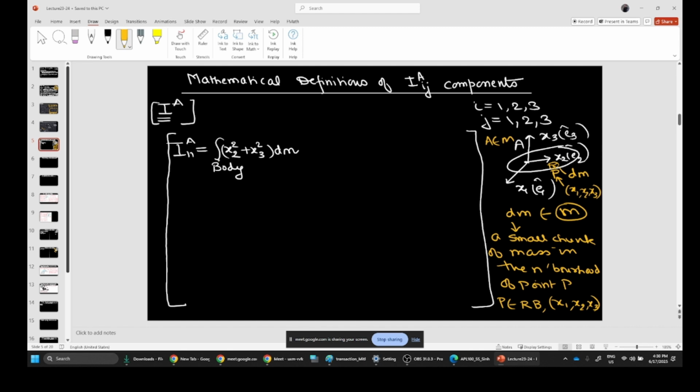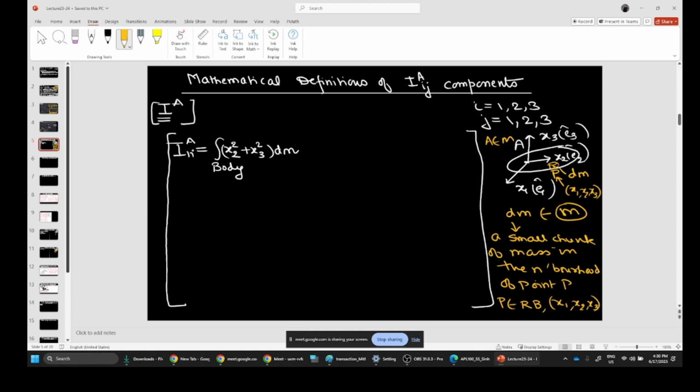Okay, so this is the integral of x2 square plus x3 square dm over the entire body. That's what is IA11. Again, if I had shown you the full derivation, this would have appeared naturally. But in this class, I am presenting this matter in a different way. I am not giving you the full derivation, I am giving you the expression itself directly.